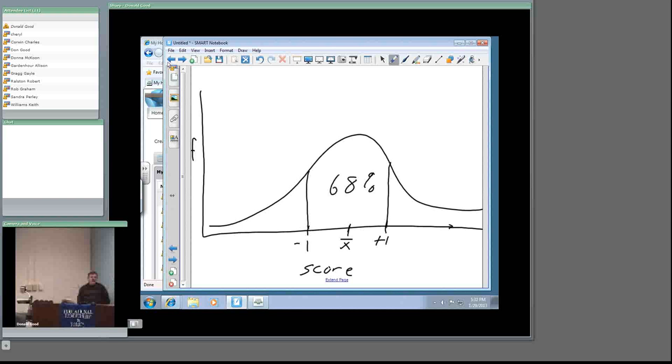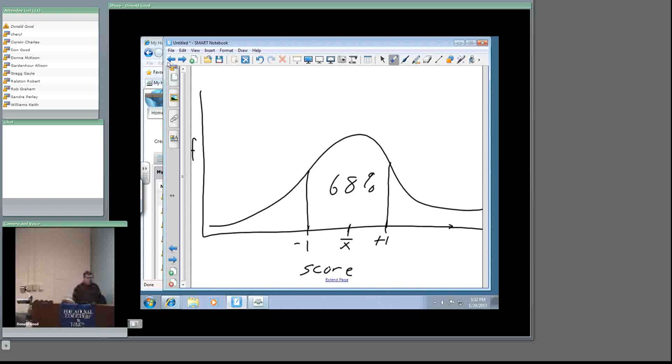Hey, what percent of the cases are between the mean and one standard deviation above? 34, because the distribution, the curve is symmetrical, means the left half is a mirror image of the right half. So I know that 68% between -1 and +1. I know that's broken down to two 34% between -1 and the mean and the mean and +1. But 68% of the mean, that's a little more than 2/3.